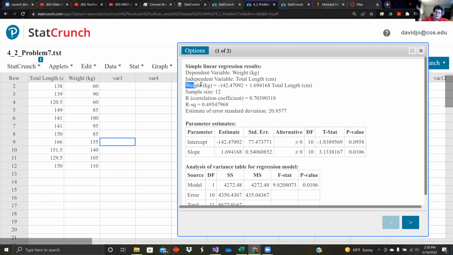Remember, weight was our Y value, so I'm not going to write weight, I'm going to write Y. And I'll do negative 142 point, I'll do 2 decimal places right here, plus 1.69, and then total length was our X value. So I'll do that.